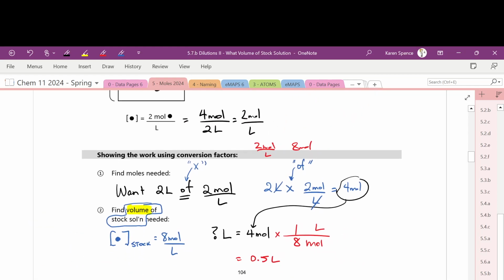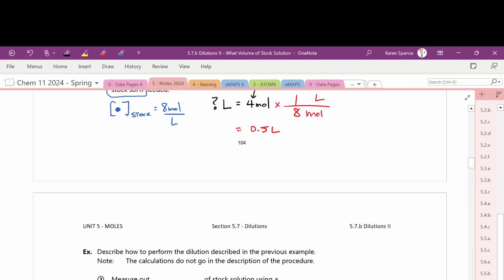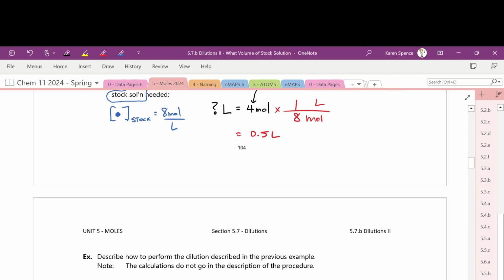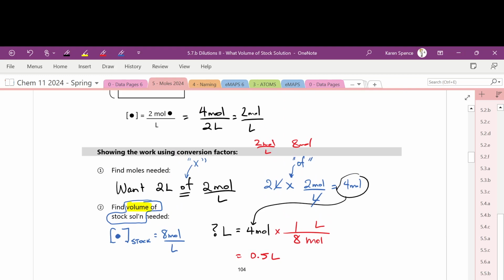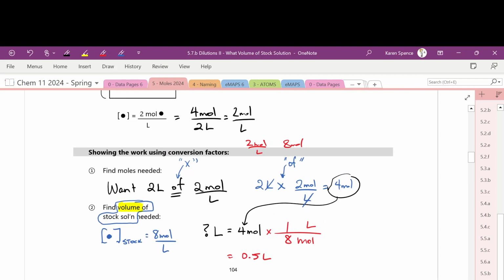Okay. So we are not going to worry about the rest of this for now. What time we have left in the class, you can work on review for tomorrow's quiz. Your homework is to review for tomorrow's quiz. I'll give you some dilution homework after the quiz tomorrow.